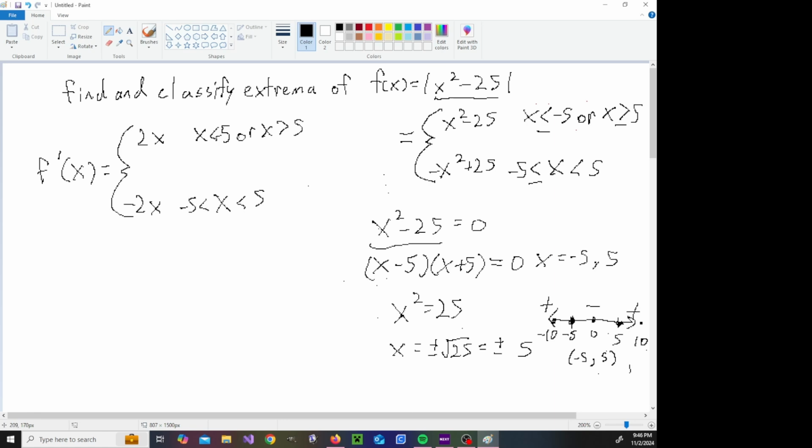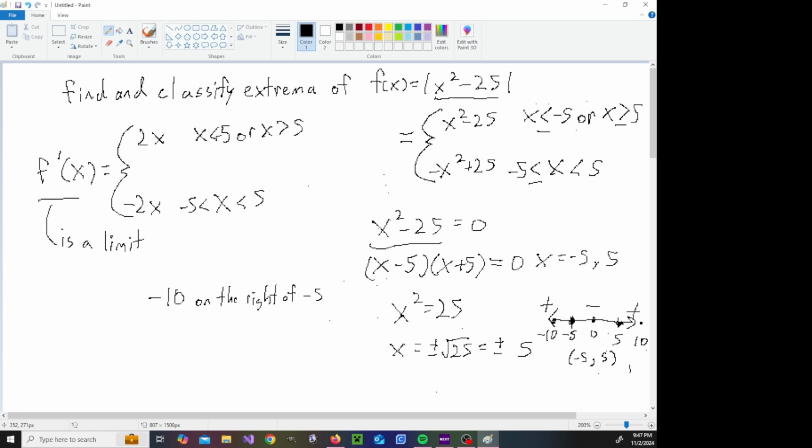However, we have a tiny catch here, right? The derivative is really a limit, right? But when I say these limits, they're supposed to be two-sided limits. So the derivative as x is on the right side of negative 5 would look like negative 10 on the right of negative 5.